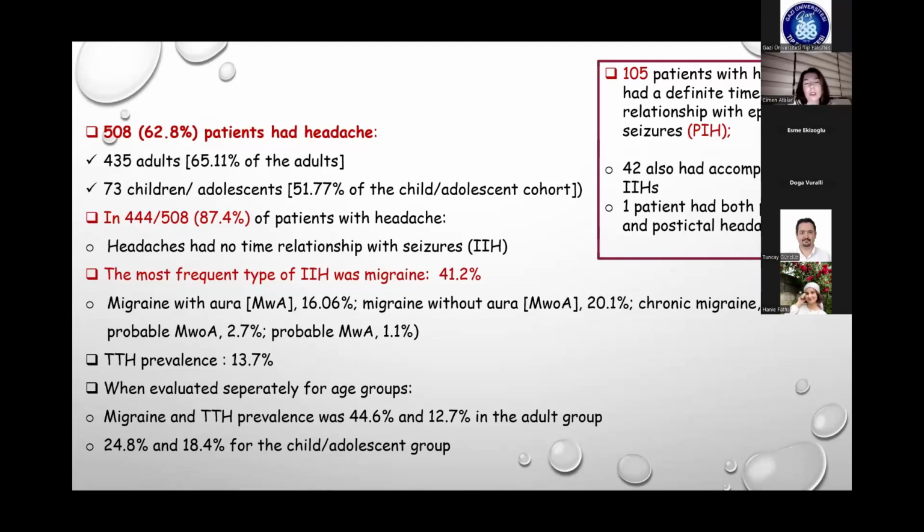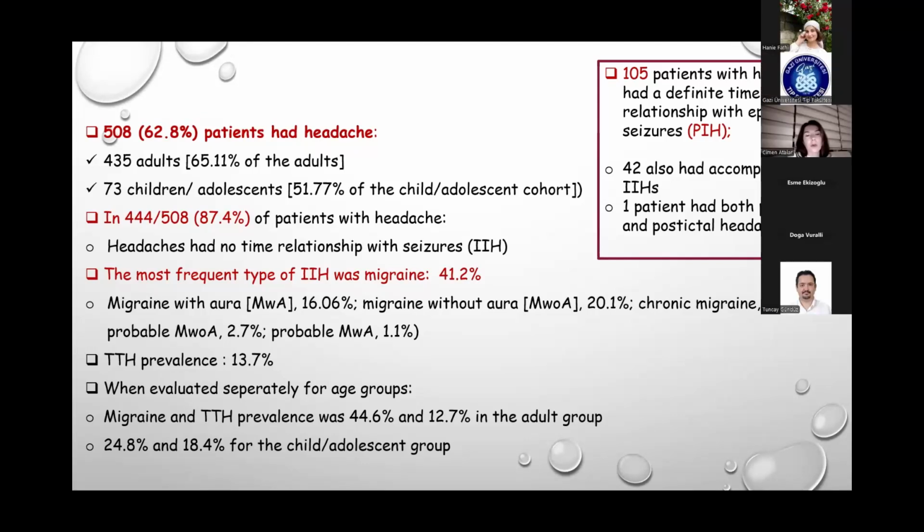When evaluated separately for age groups, migraine and tension type headache prevalence was 44.6% and 12.7% in the adult group, respectively. And for the child adolescent group, 24.8% for migraine and 18.4% for tension type headache.